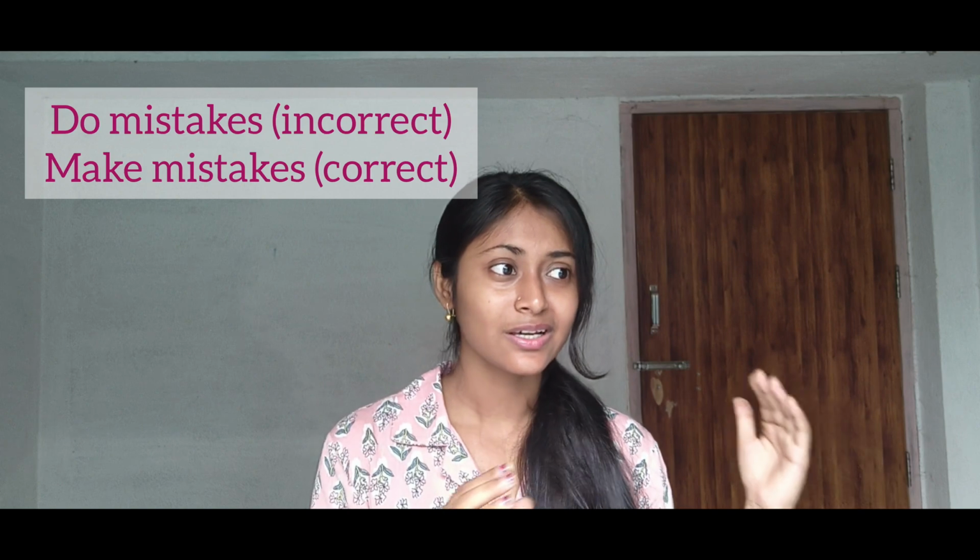And the second one is to use auxiliary verbs or helping verbs with V1 and V2 forms. These are the most common mistakes that they often make. Actually, "do mistakes" is not the correct way to say it. Rather, we should say "make mistakes".